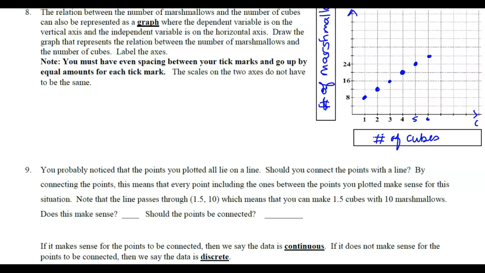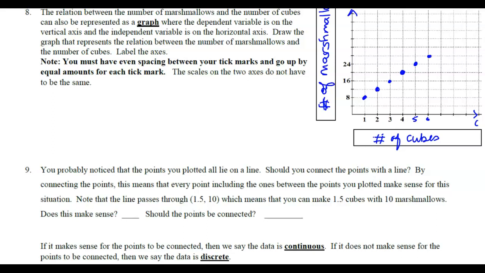It's discrete. Good. You know the language. Yes, it's discrete. So if you can't have part of an item that's represented by this, then you don't join them up. You might join them up just to extend it further to find some values, just to make it easier to read. But technically, these ones should not be joined up.